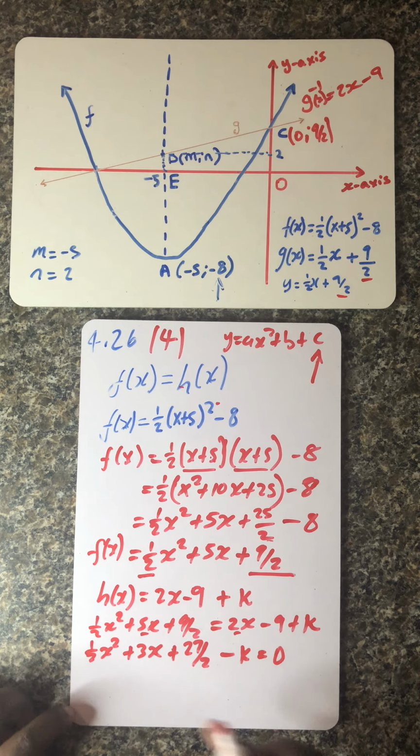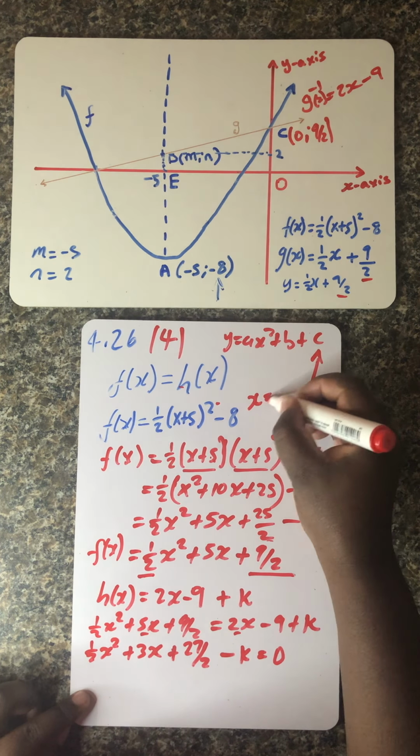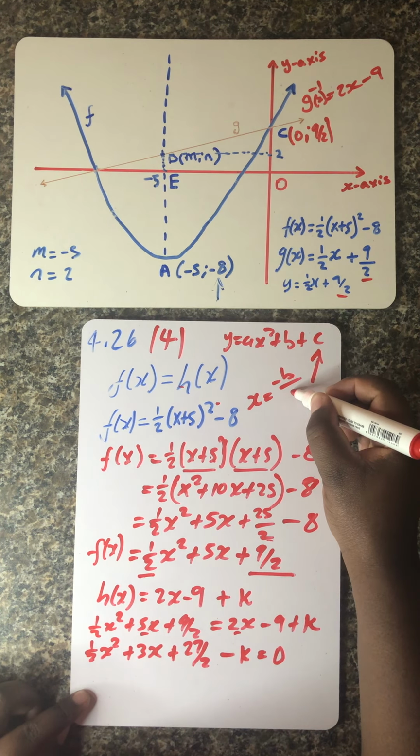Okay, so because we're dealing with a quadratic equation, to find the x value, we can use this formula. I'm not sure if you remember this formula, which is x is equal to negative b over 2a. Okay, so what is our b? From that equation, obviously our b is 3. So that means it's negative 3 over 2. Our a, obviously, is half, so it's a positive half.